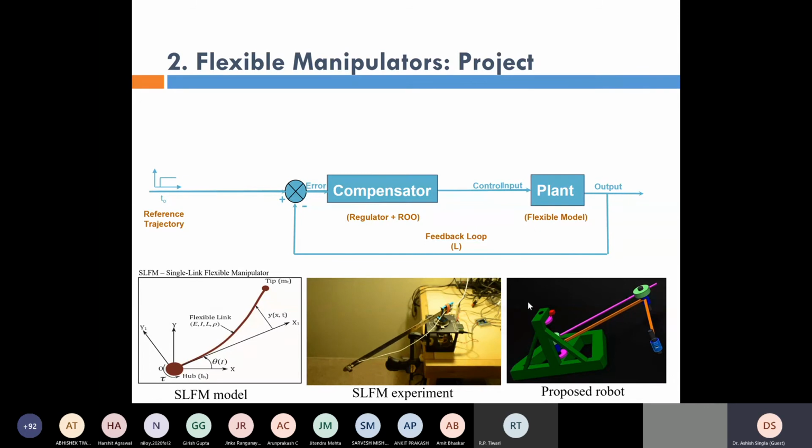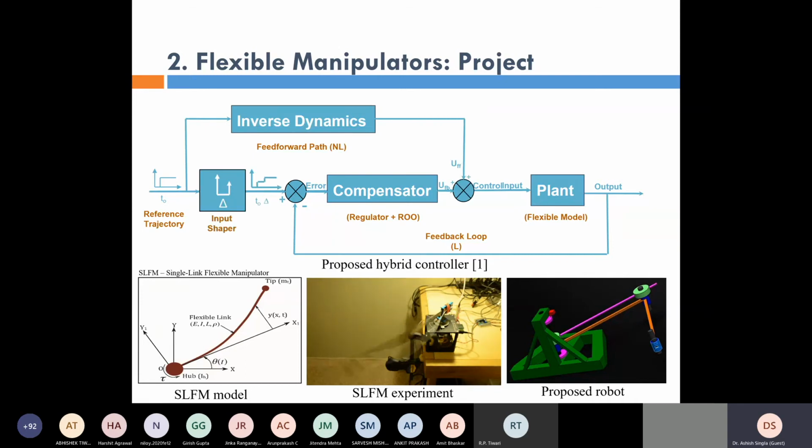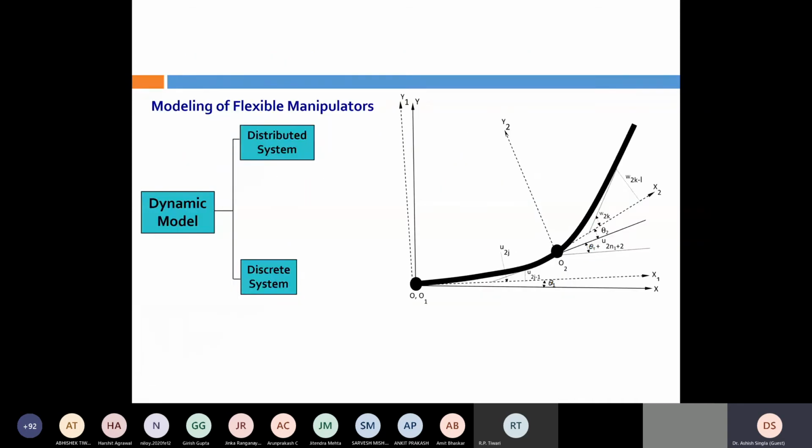This flexible model doesn't have sensors at all the places, so we have to deal with an observer, a reduced order observer, and we have to develop a compensator with the help of inverse dynamics as well as input shaper. What is this input shaper? We'll discuss. From the control point of view, modeling of the manipulator is very important.